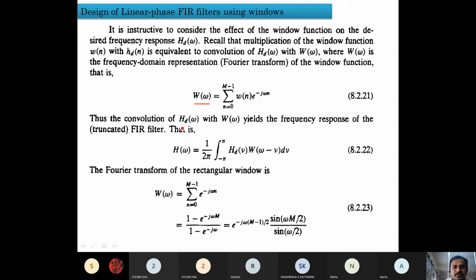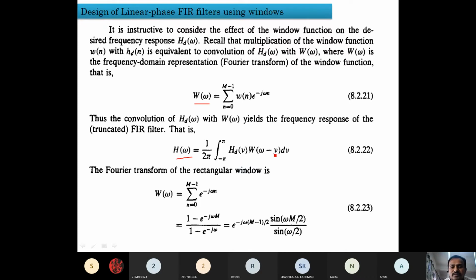Thus the convolution of hd of omega with capital W of omega yields the frequency response of the FIR filter, given by the convolution equation: capital H of omega equals 1 by 2 pi times the integral from minus pi to pi of hd of v times W of omega minus v dv.